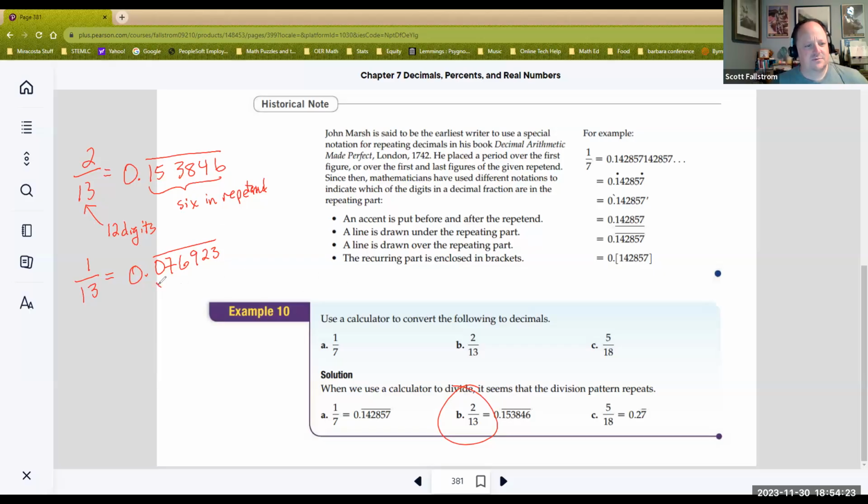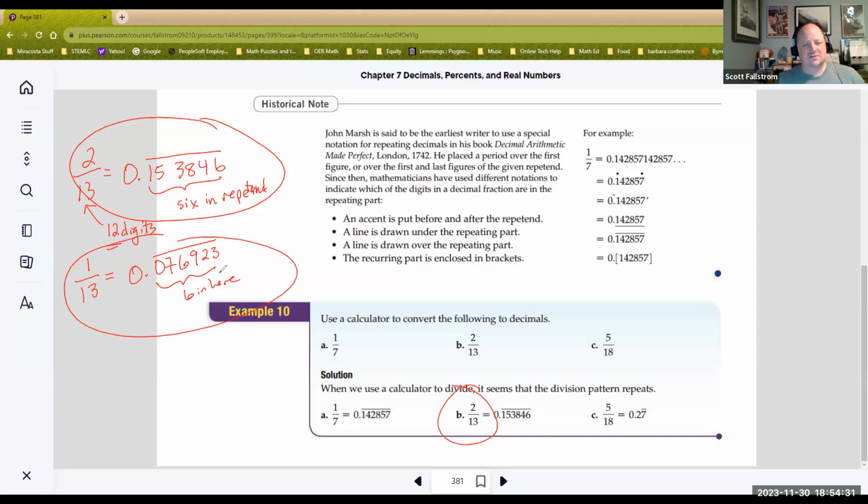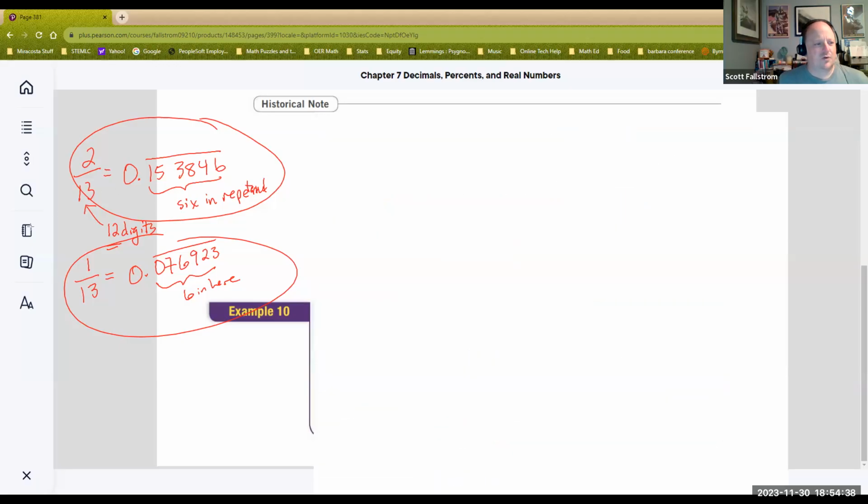There are 6 in the first one. There are 6 in here. 6 plus 6 gives me the 12. These two strings of digits will give me every one of the 13ths that I could possibly want. So if you look at them in order, you'll have to make a little bit of a determination, but I can see down here.